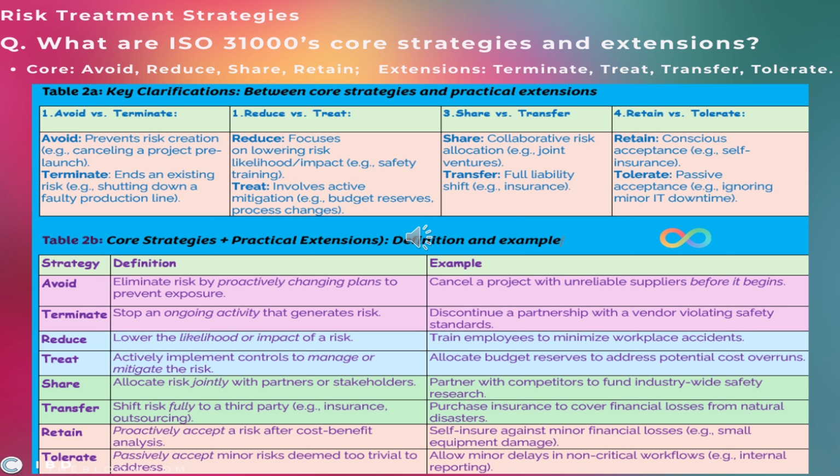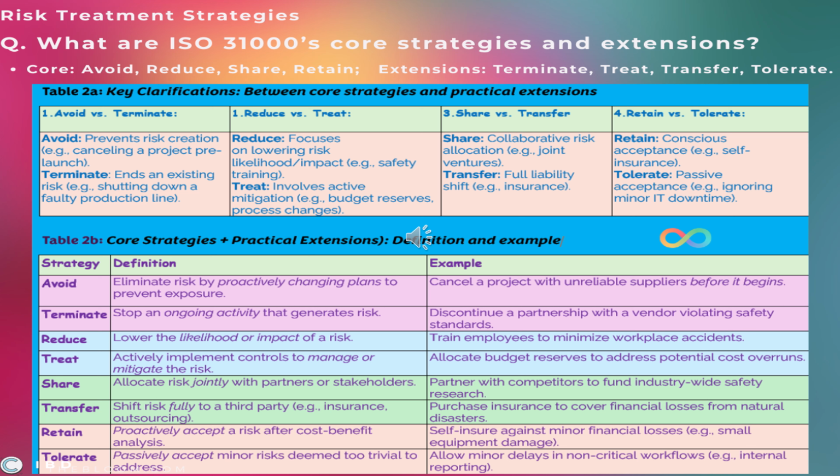Similarly, reduce focuses on lowering risk likelihood, like safety training for employees, while treat involves active mitigation, such as budget reserves for cost overruns. These strategies are not theoretical, they are actionable. For example, transfer shifts liability entirely, like purchasing insurance, while share allocates risk collaboratively, like a joint venture.